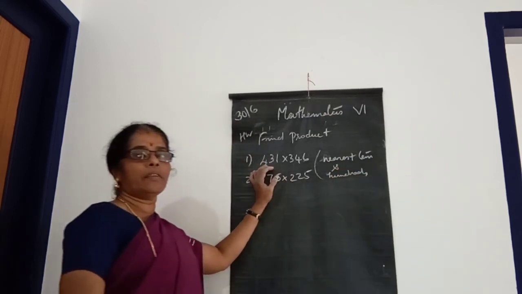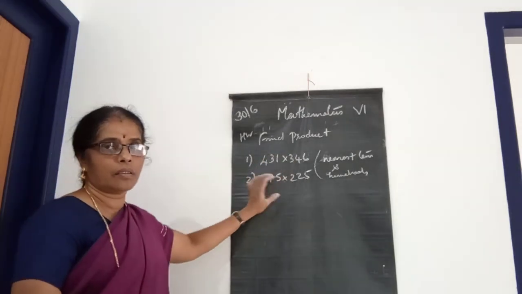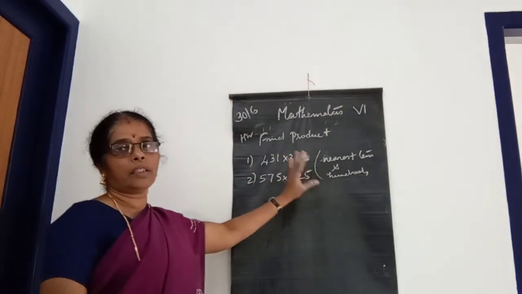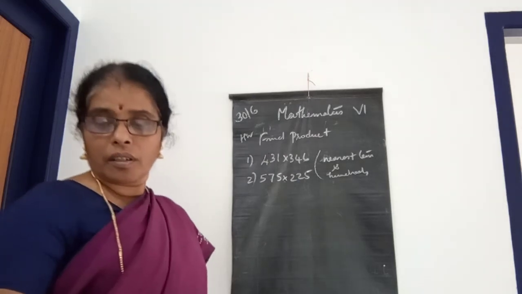First you have to do it with the nearest tens for these two, and next you have to do it with the nearest hundreds.